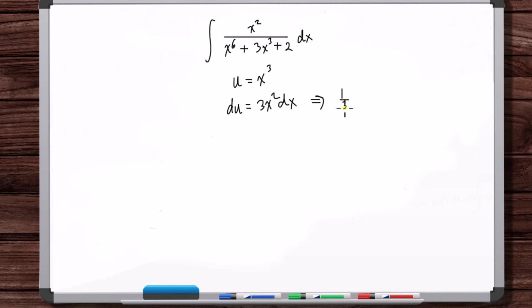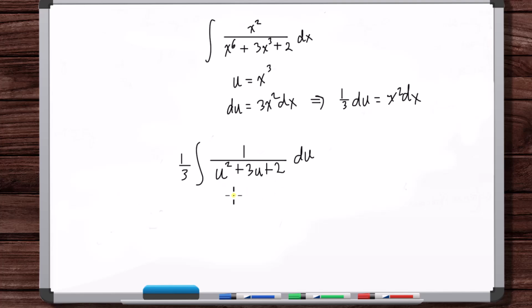So 1/3 du is equal to x squared dx. We have an x squared dx here. So bring out the 1/3. We've got u squared, since u squared is x to the 6th, plus 3u plus 2. There we go. Now we can solve this.